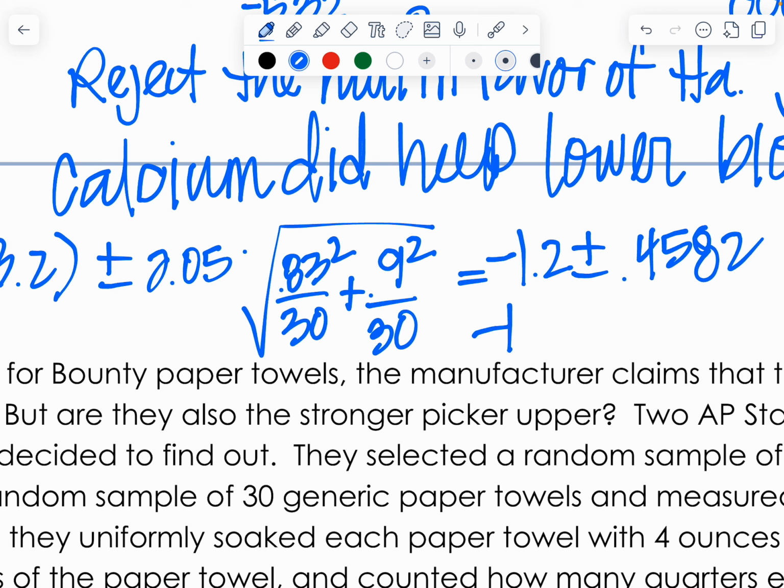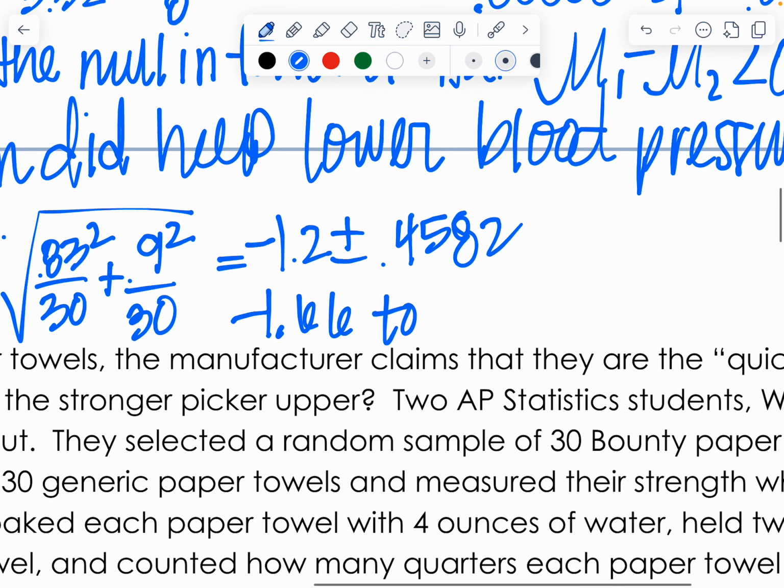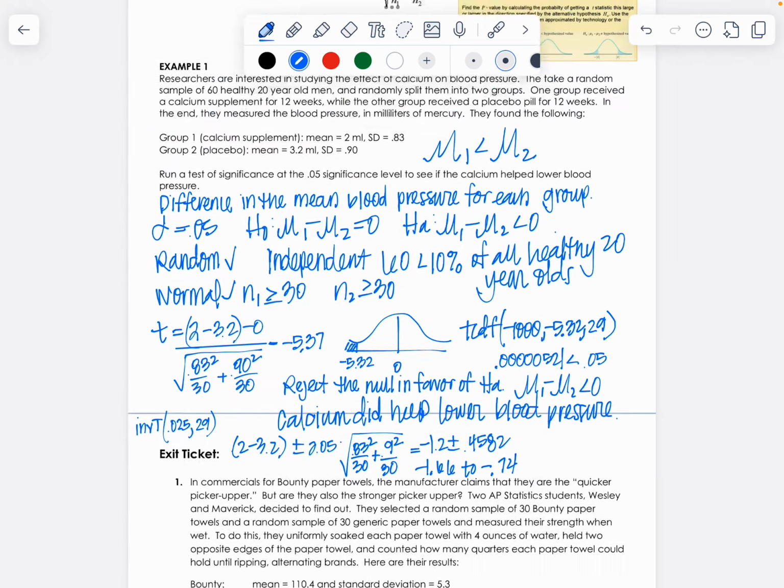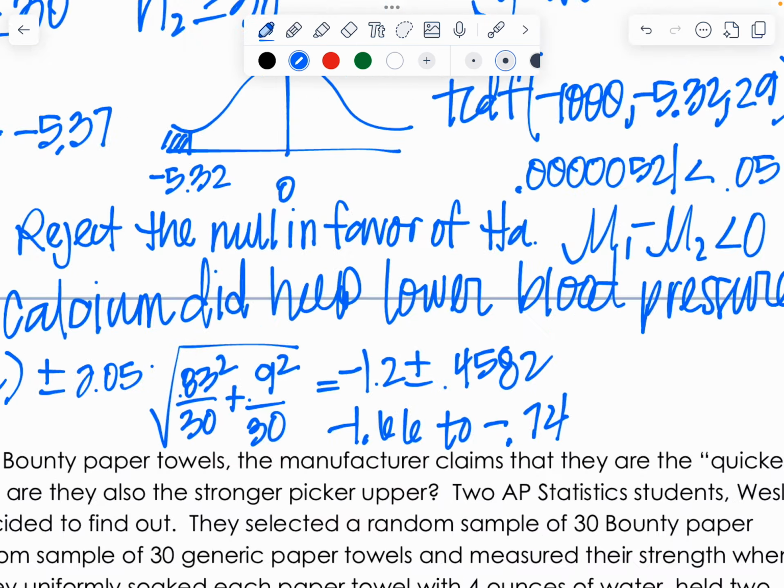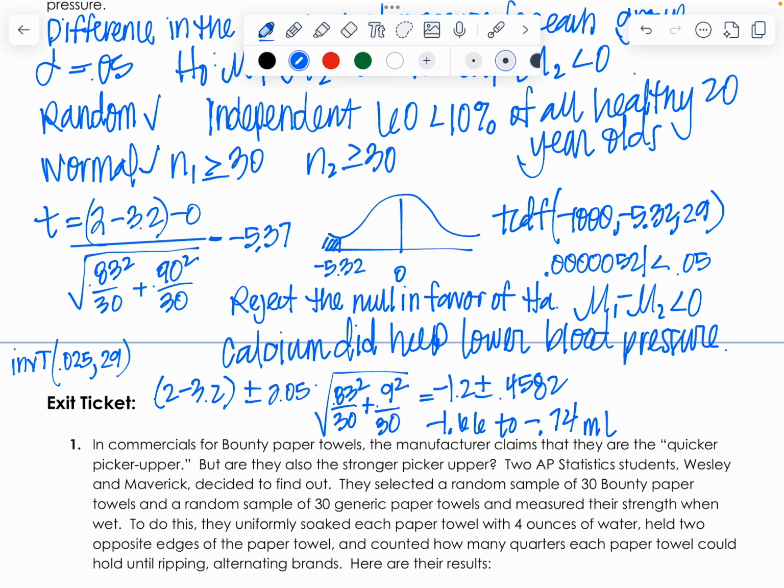So the interval is negative 1.658 to negative 0.74. And our units here were milliliters. All right, and so because we rejected the null in favor of the alternate, we said that the difference in the two population means is negative.